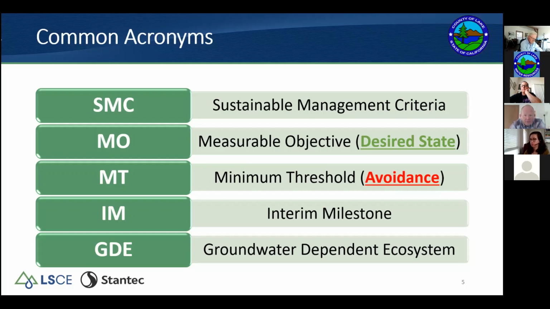And then the minimum threshold, that's the avoidance. We don't want to go there. Those are 2 terms that are pretty important. Interim milestones can become important too. As the name implies, let's say we were at a threshold and we wanted to get back up to the objective. We know that can't happen overnight. So that interim milestone would fill the gap between the threshold and the objective.